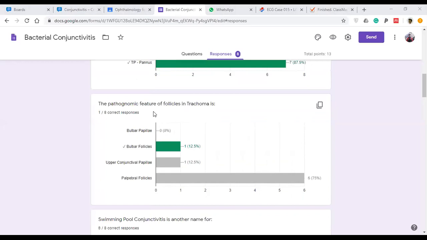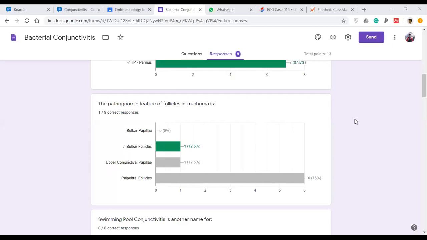Pathognomonic features of follicles in trachoma. This was a थोड़ा सा tricky सवाल because I forgot to discuss this in the lecture as well. There is no other follicular conjunctivitis in which bulbar follicles appear. हमने जो differentiation की थी between viral conjunctivitis, inclusion conjunctivitis, and trachoma conjunctivitis, it was that in trachoma, follicles are more in the upper palpebral conjunctiva compared to the lower palpebral conjunctiva.